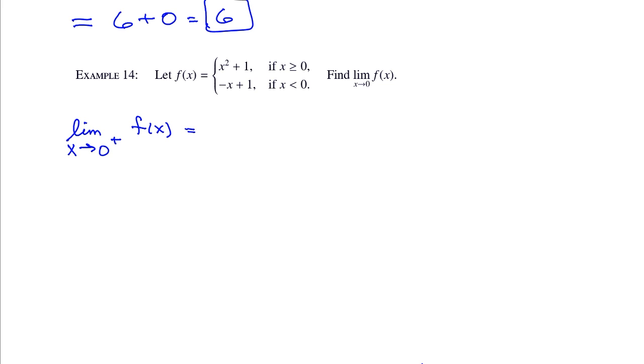Greater than 0 is the right side of 0, right? So notice how we're using these inequalities to show what side of the value you're on. If it's the right side, then it must be greater than a number. If it is the left side, it must be less than the number. So this is the limit as x goes to 0 from the right of x squared plus 1. Any denominators? No fractions, so we just plug it in. And we get 0 squared plus 1 is equal to 1. Okay, that's one piece of the answer.